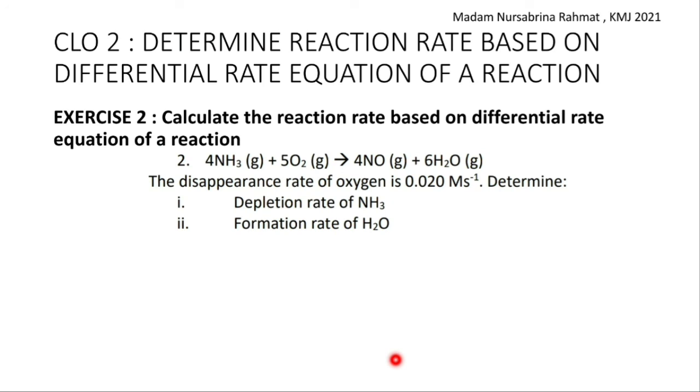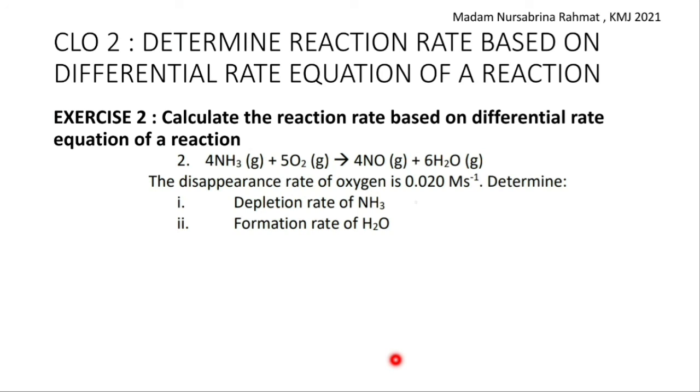One is the rate of reaction for my oxygen, given in the question, and secondly the rate of reaction of ammonia, which you calculated before. You can use either one of these to solve for the formation rate of water. But I'm just going to stick with what is given, in case I wrongly calculated my disappearance rate of ammonia.